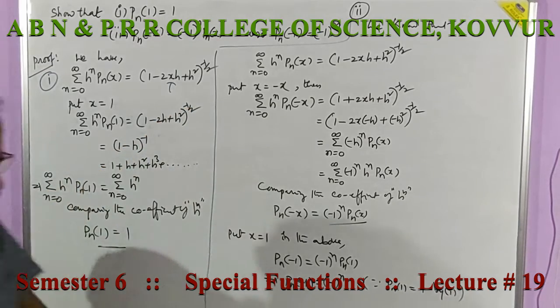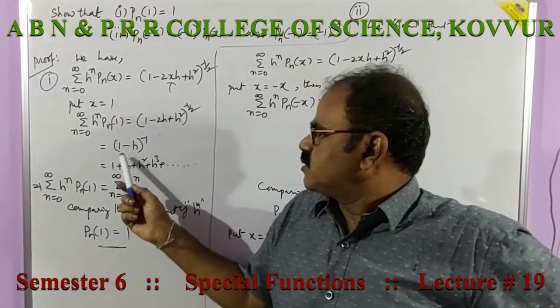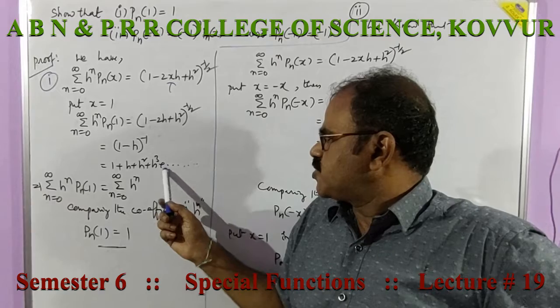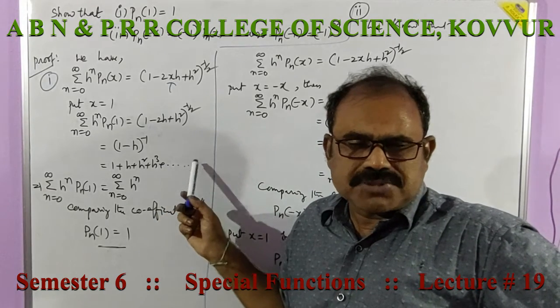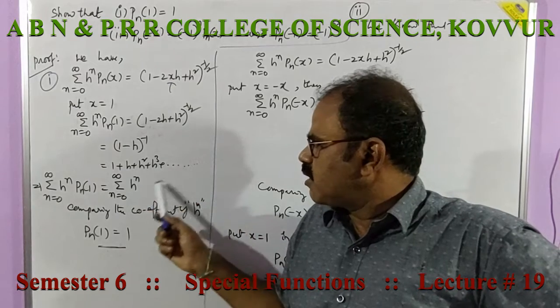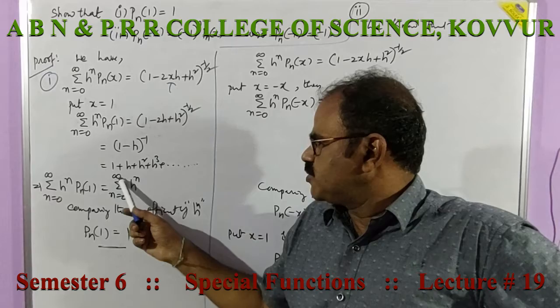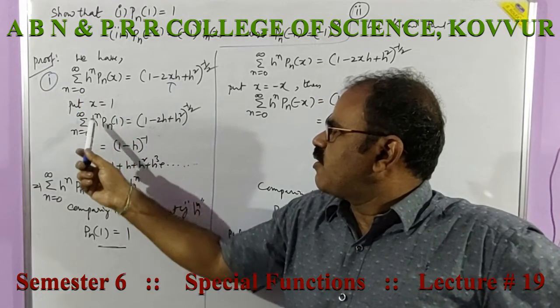Therefore this is (1 - h) to the power of minus 1. So its expansion is 1 + h + h^2 + h^3 + h^4, up to h^(n-1) + h^n + h^(n+1), going on. So that can be expressed in the sigma notation: sigma n = 0 to infinity h^n. On the left hand side, what you have?